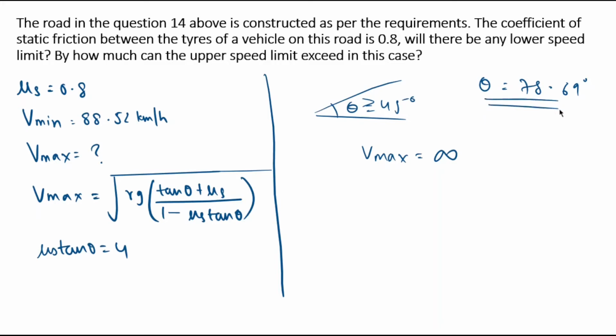So for this value there will be no upper speed limit, right? The vehicle can go as fast as they want. So I hope you understand both the cases from which we can conclude that there is no upper speed limit for the angle theta equal to 78.69 degree.